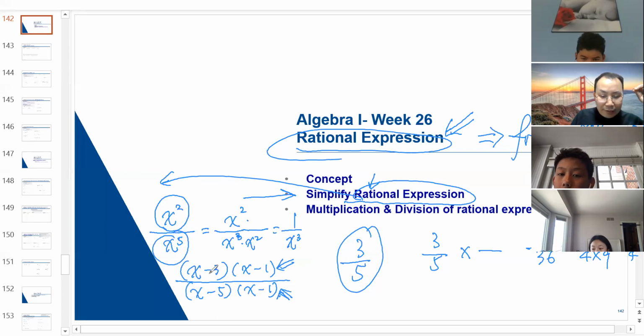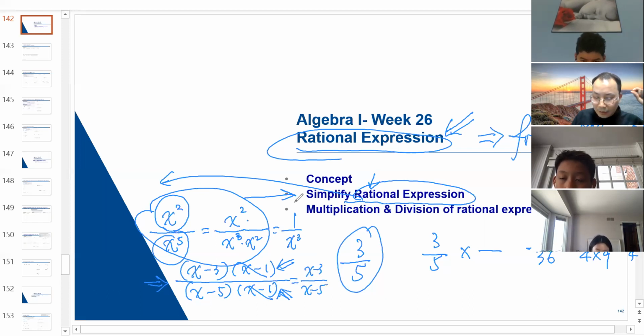They are not like the simple case, but they have a common factor. They can also be simplified, right? That is called the simplified case.